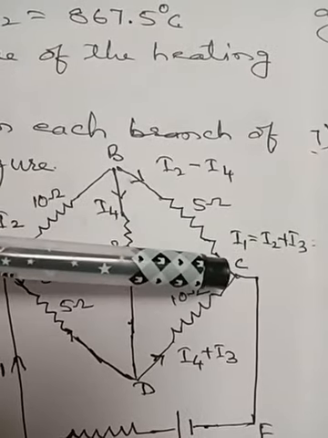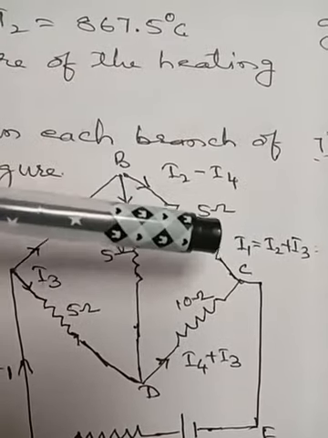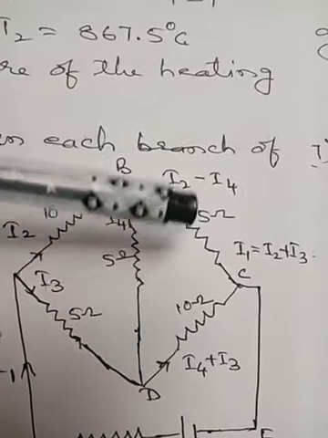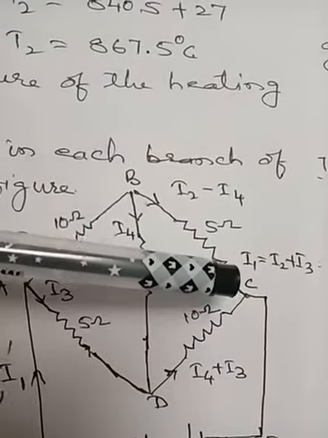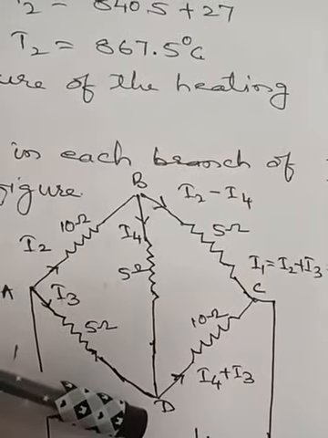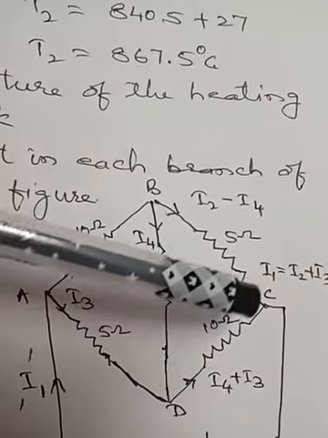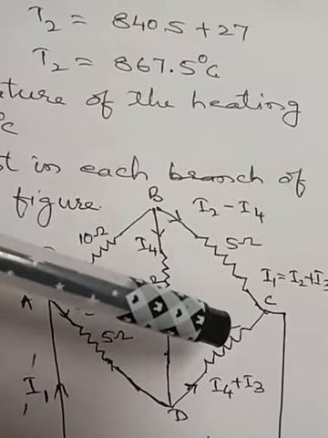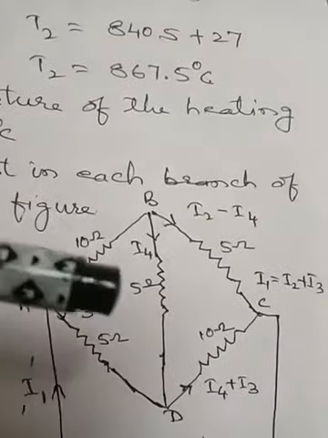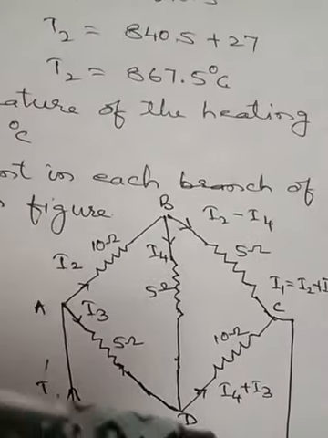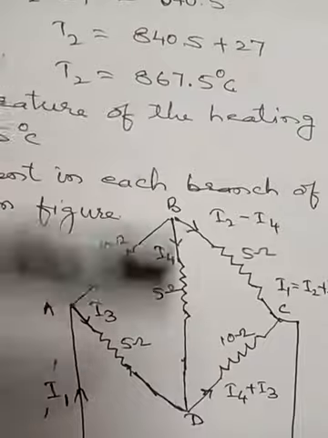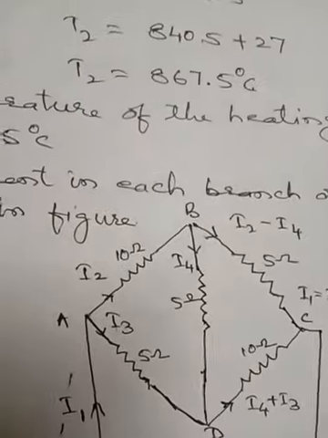When we move along the direction of the current, this will become positive. But at the point C, when we move from C to D, we are going against the direction of the current. Here also the current is flowing in this direction and we are going from D to B, so these two terms will become negative. So because of that, what will happen here?